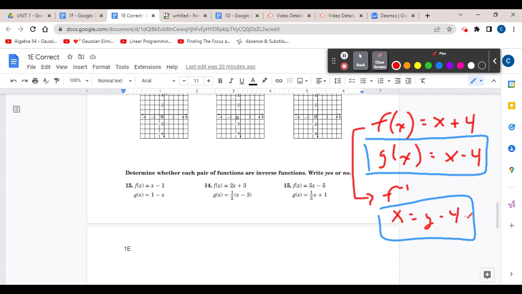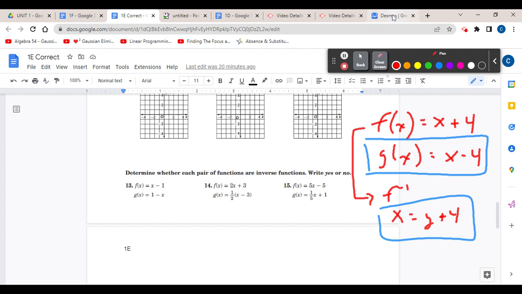Actually, this should be x equals y plus 4. Made a mistake right there, I'm sorry. So the inverse of f is x equals y plus 4, and we'll see if it matches up with g of x, which is x minus 4.